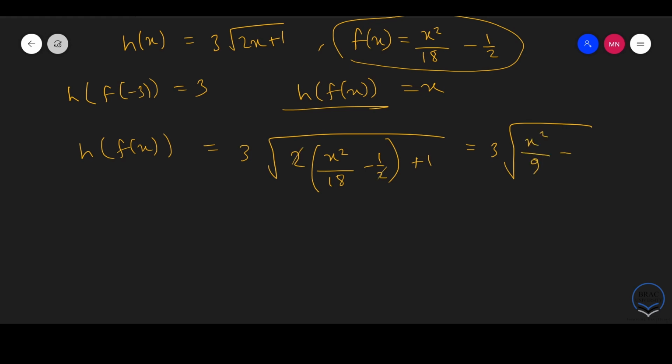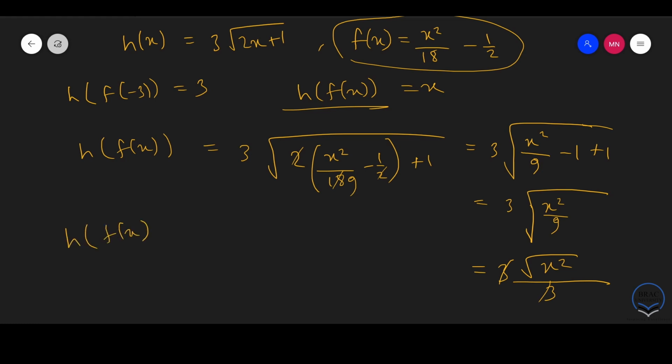So these two cancel out, and this becomes 9. So we have minus 1 plus 1, right? And this then becomes the square root of x squared over 3. The 3 cancels out, and thus h of f of x is equal to the square root of x squared, right?